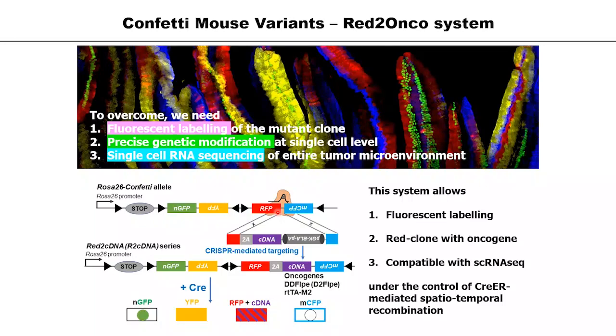And by doing so, we now have a red-to-cDNA system where the cDNA is co-expressed together with RFP, meaning that if the cDNA is an oncogene or an additional recombinase or transcription factor, we can only express those in a red clone specific manner. So using this method, we can achieve fluorescence labeling, red clone specific oncogene expression, and this system is compatible with single cell RNA-seq.